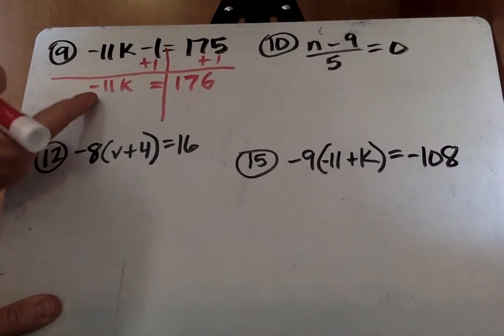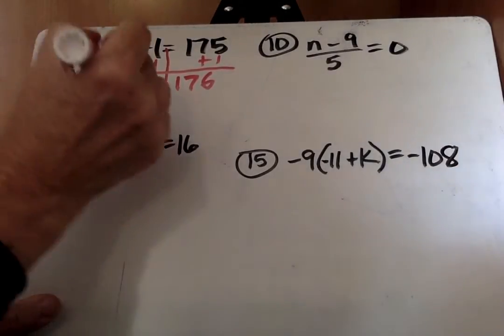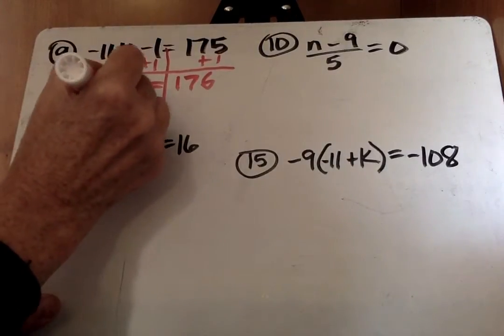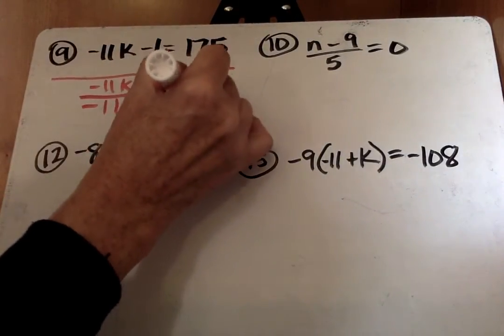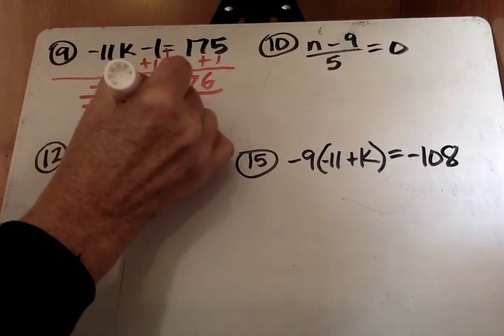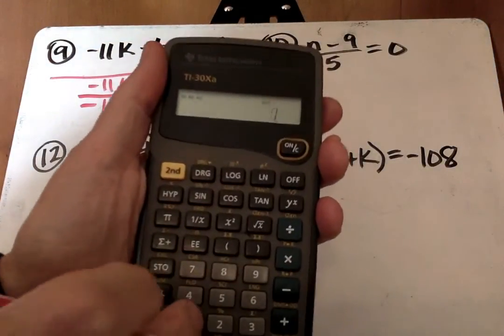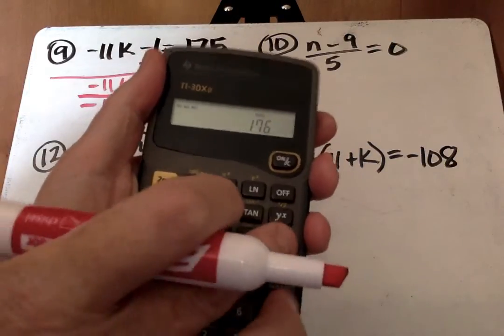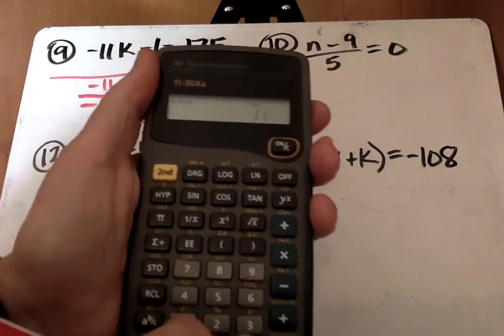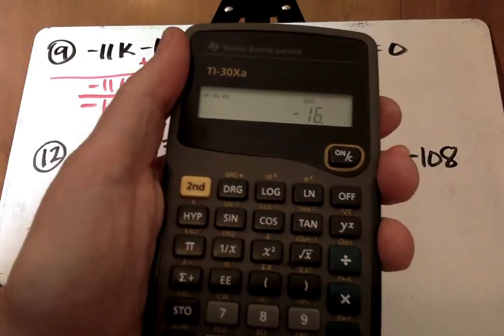It's negative 11 times k. So I do the inverse operation, which is divide by negative 11. Again, handy dandy calculator. Negative 16.